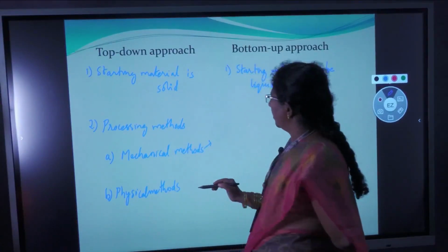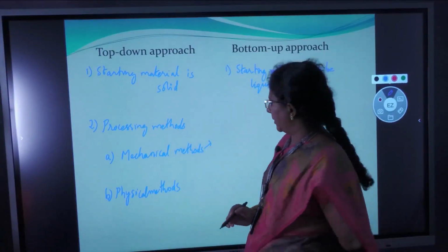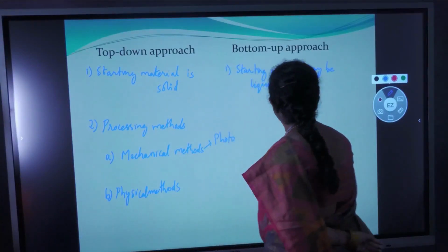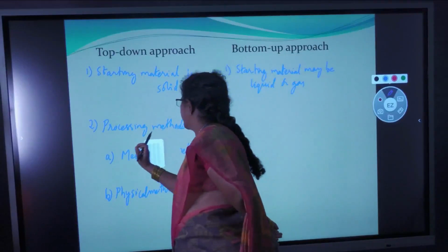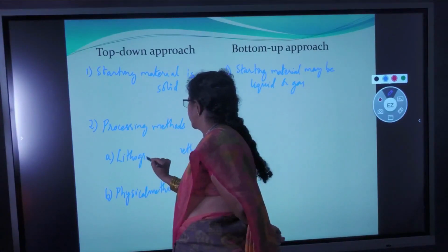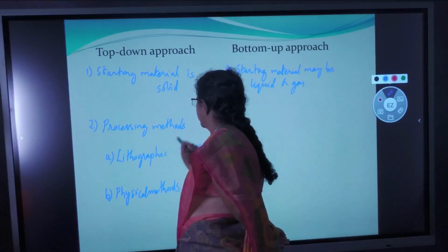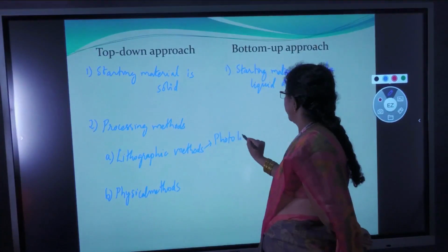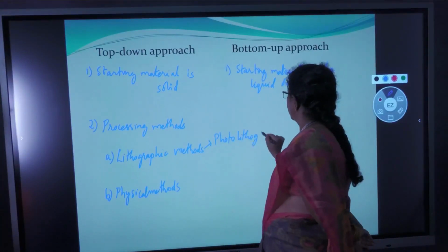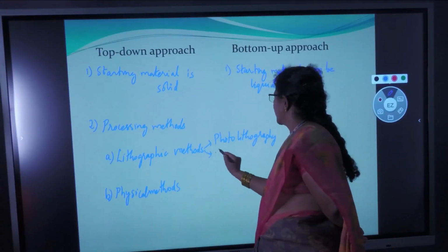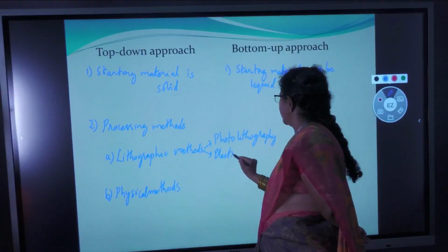This can also be called lithographic methods: photolithography, electron beam lithography.